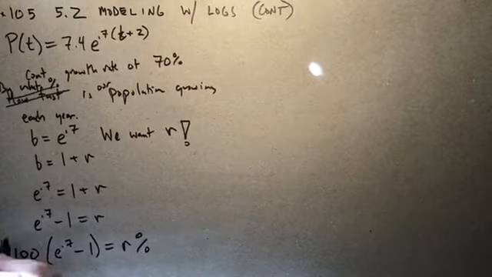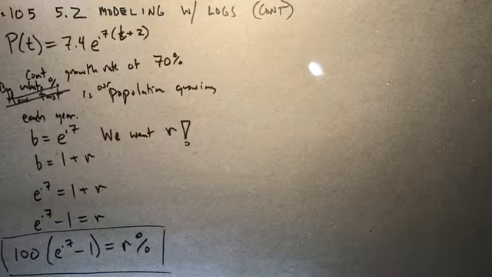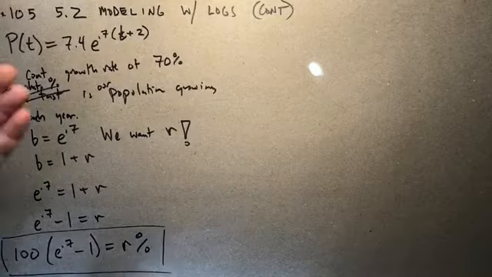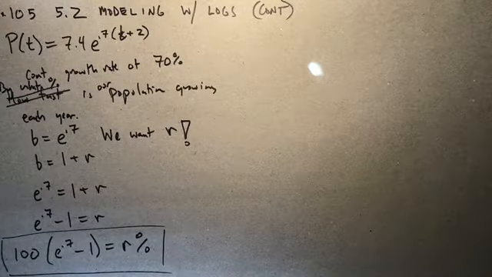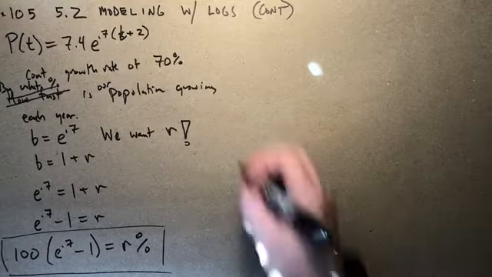And this is my yearly growth percentage, yeah? My yearly growth rate, which is different than my continuous growth rate. This number should be smaller than 70%. And if we want, we can punch it into our adding machine and see that it is.